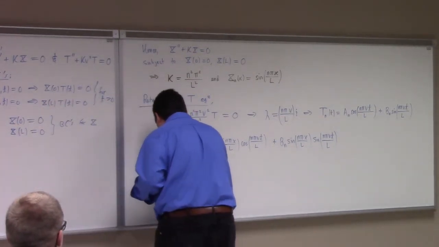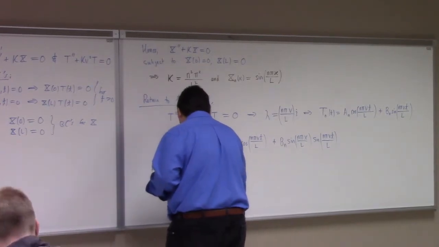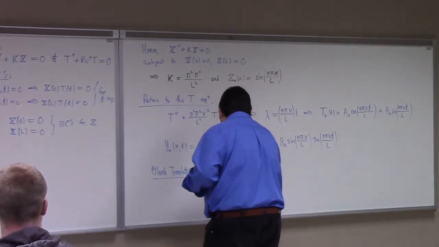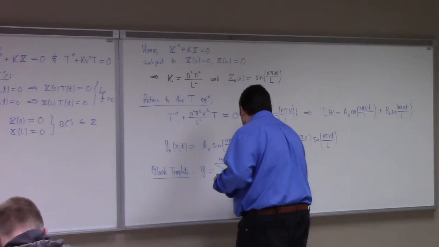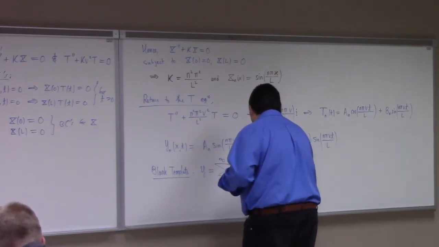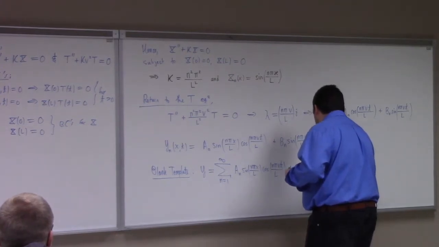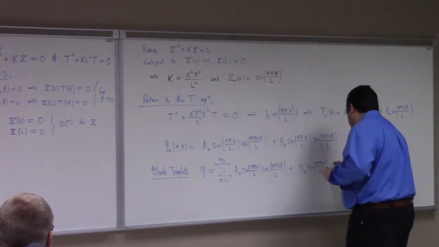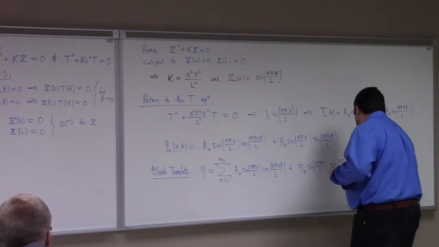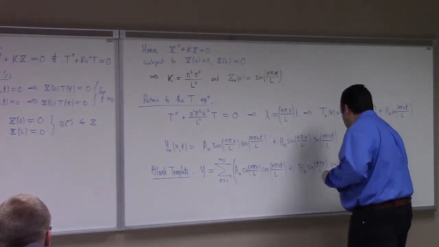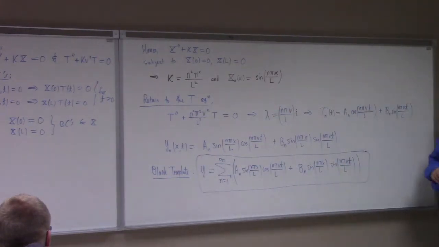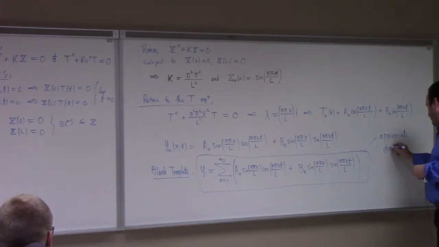And so the blank template, as I call it, gives us y equals the sum n equals 1 to infinity of a sub n sine of n pi x over L cosine n pi v t over L plus b sub n sine of n pi x over L sine of n pi v t over L. We're expecting that appropriate choices of a sub n and b sub n will match the initial conditions.